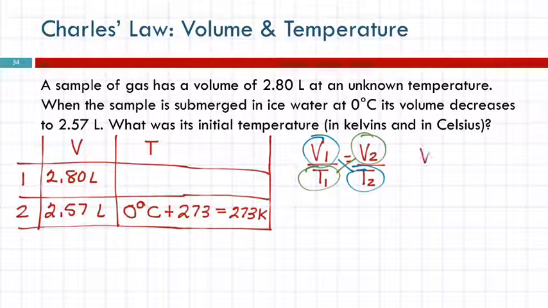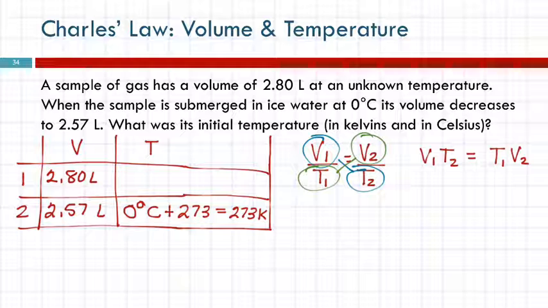So V1 times T2 equals T1 times V2. Okay with that? Cross-multiplying. V1 times T2, that's one side, is equal to the bottom of this side times the top of that side.